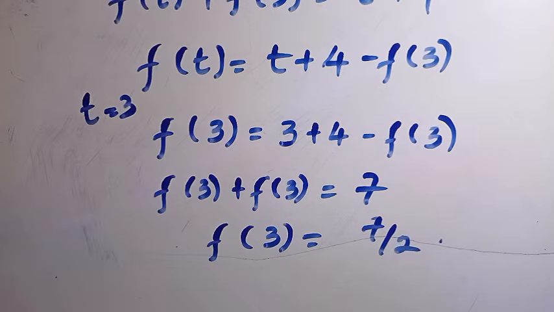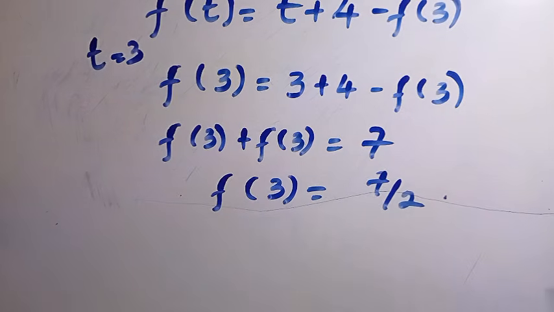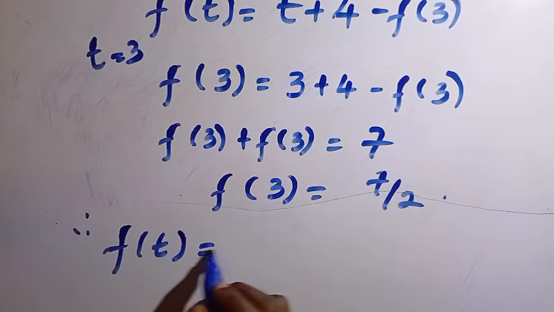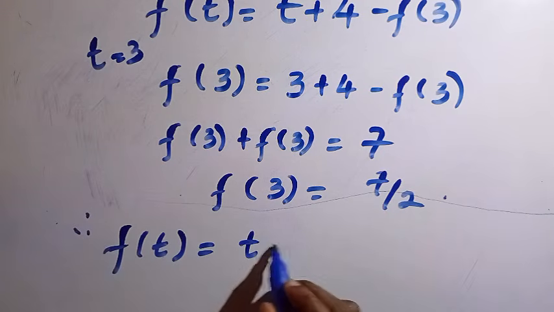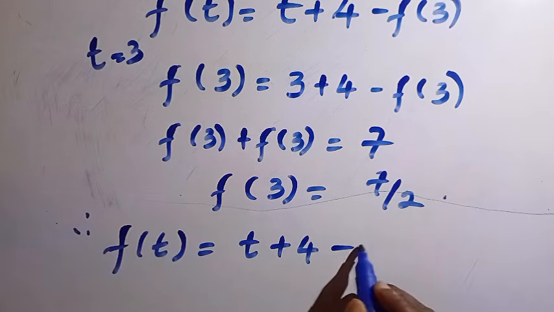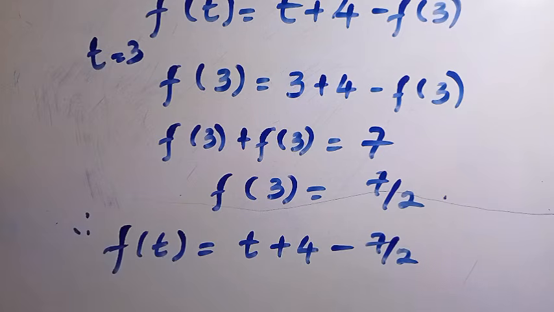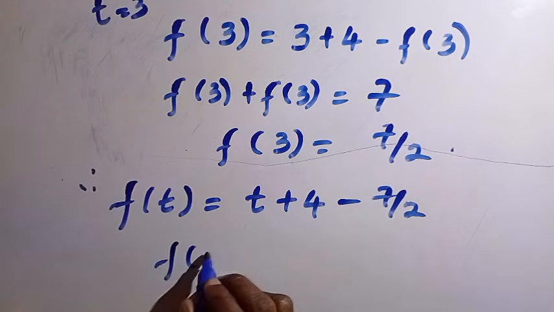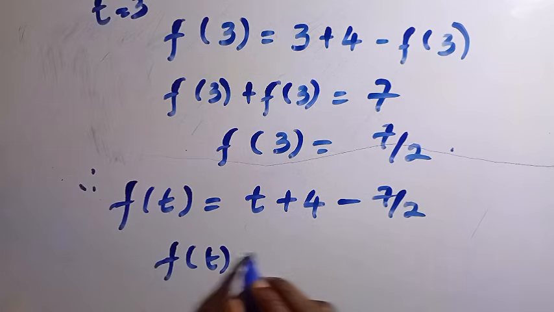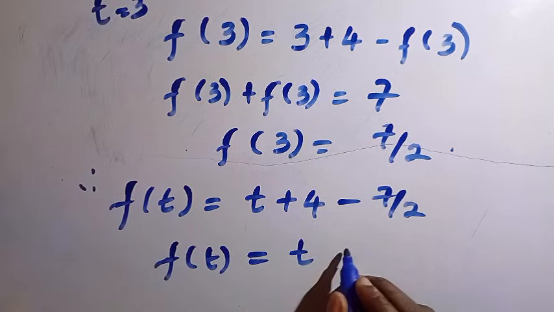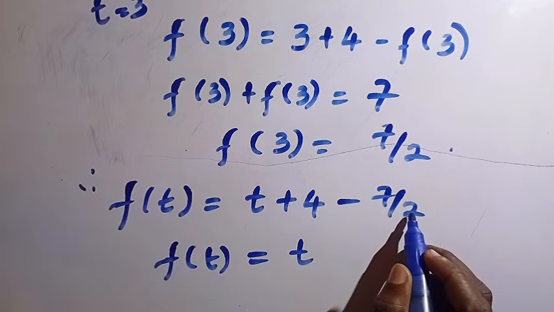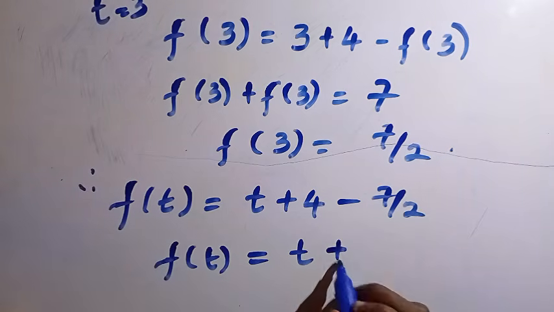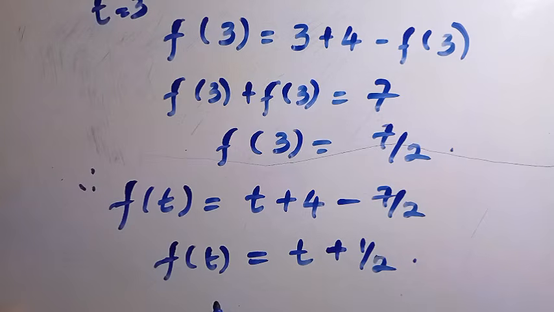And let's substitute back. If I substitute back for f of 3, so for every f of t now, we are going to have it as t plus 4 minus 7 over 2. And here we have f of t equals t, then 2 multiplied by 4 is 8, and 8 minus 7 gives us 1 over 2.